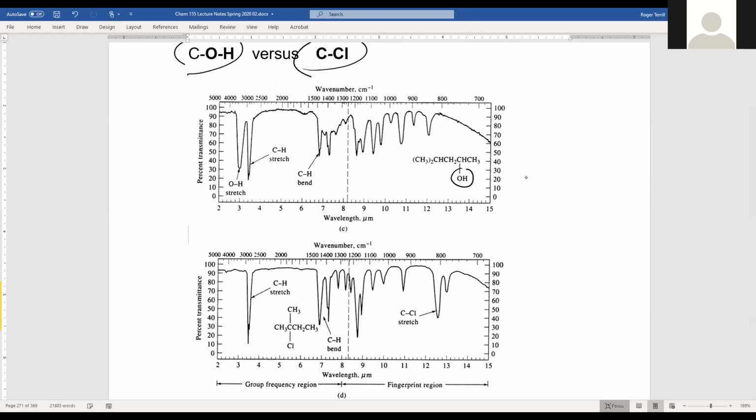It has this OH group on one of the methyl groups, and that OH group has a group frequency right around there.